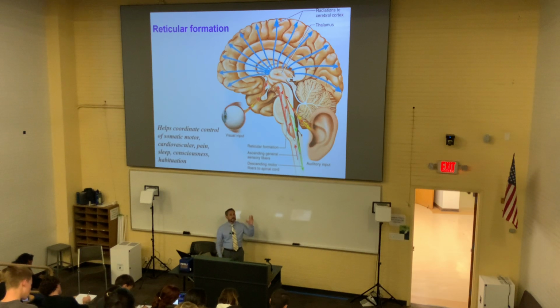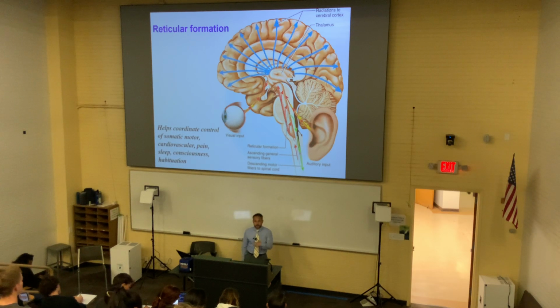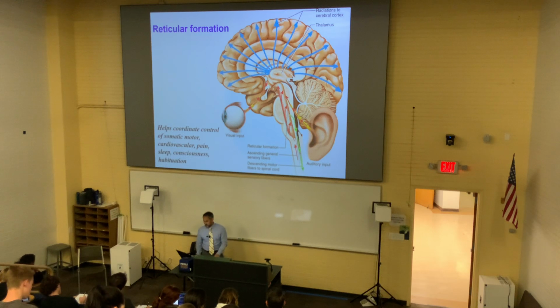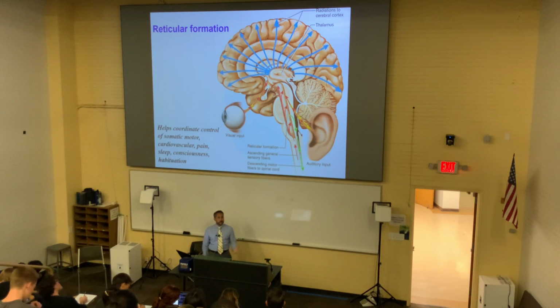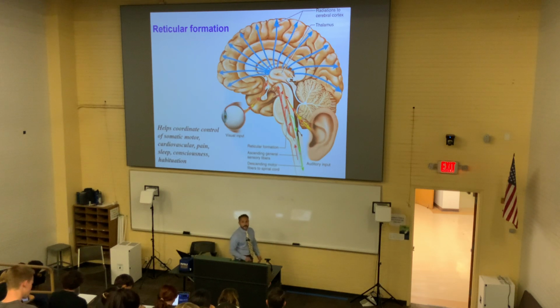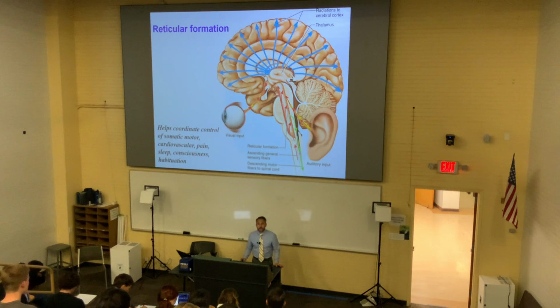It spreads vertically through the brain stem and connects much of the cerebrum to the brain stem. It helps to coordinate somatic control, motor control. It helps to regulate cardiovascular centers, pain, sleep, consciousness, and habits that we form on a regular basis. So this is sort of like the integration center.